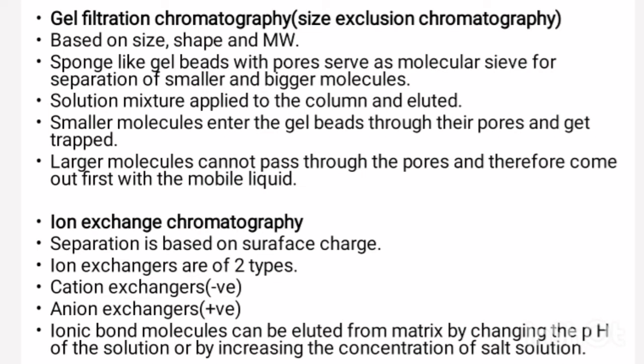The second type of chromatography is ion exchange chromatography. It is a chromatography based on surface charge. There are two types of ion exchangers: anionic exchangers and cationic exchangers. Anionic exchangers are positively charged and cationic exchangers are negatively charged. Ion exchange chromatography depends upon the pH of the solution.